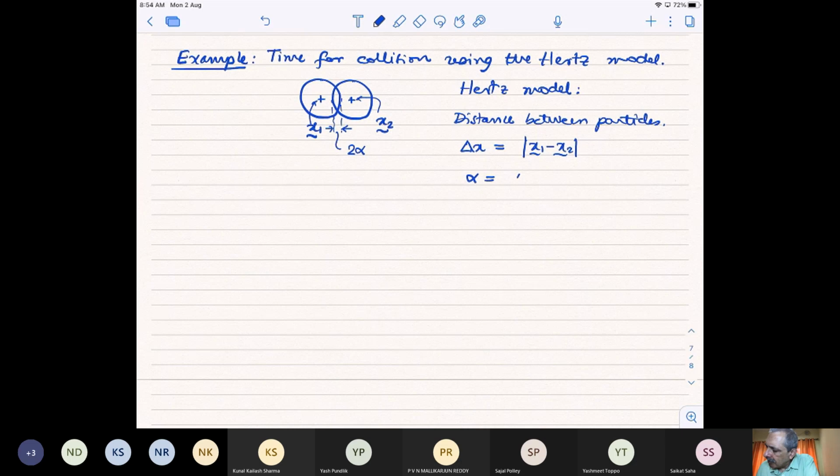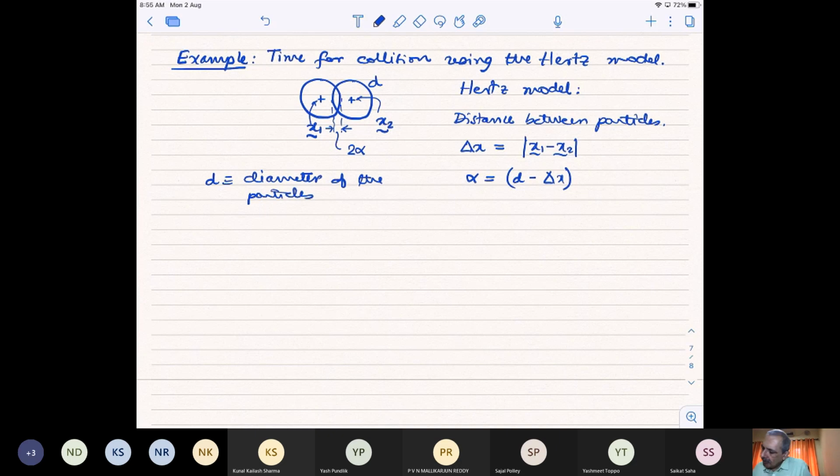So alpha is just equal to d minus delta x, where d is the diameter of the particles.